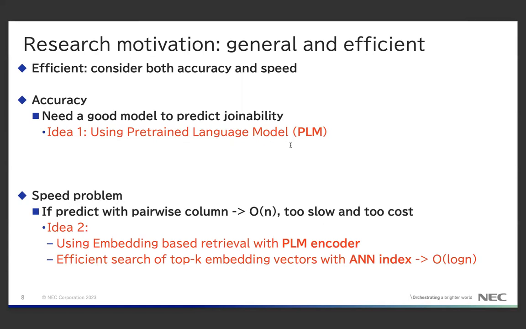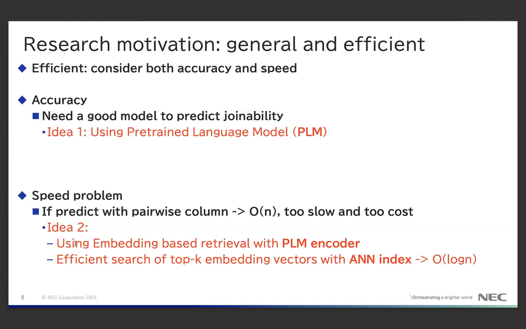For example, if we use BERT to infer the joinability pairwise, then for one query we compute n times, where n is the size of the data lake. It is too slow and too costly. It is impossible to do this.